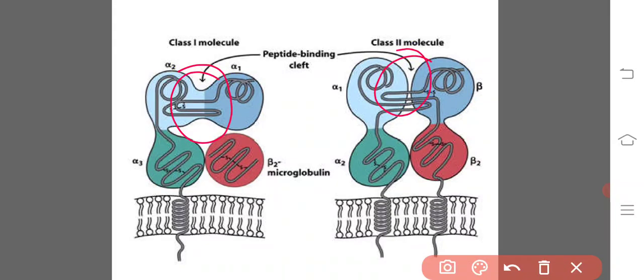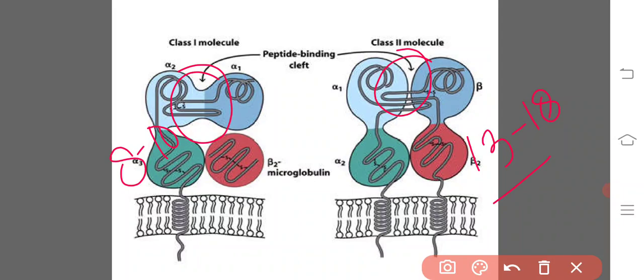Class 1 MHC molecules bind peptides that typically contain 8 to 10 amino acid residues, while the open groove of class 2 molecules can accommodate slightly longer peptides of about 13 to 18 amino acids.